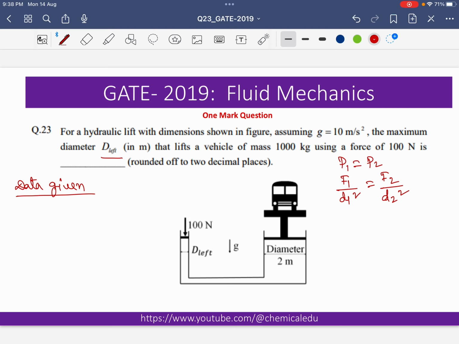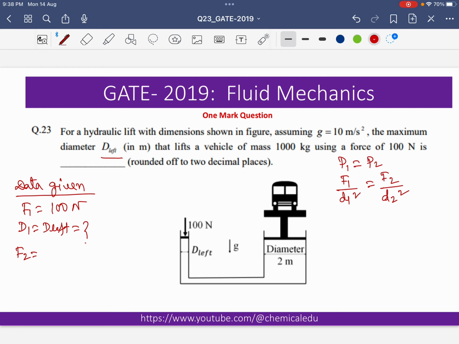Data given: F1 is 100 Newton, D1 is D left, which we have to calculate, and F2 is from the mass of the vehicle, which will be lifted by the force.